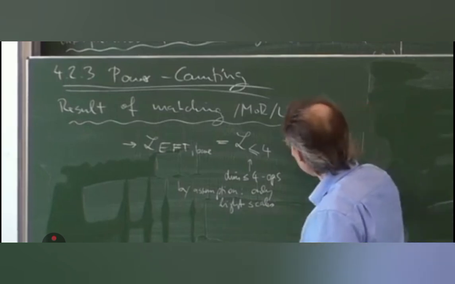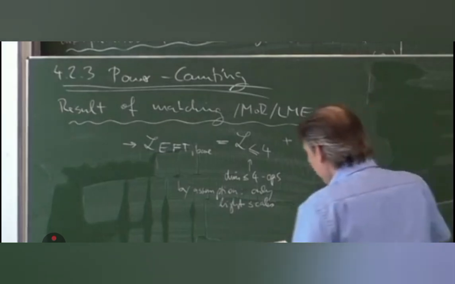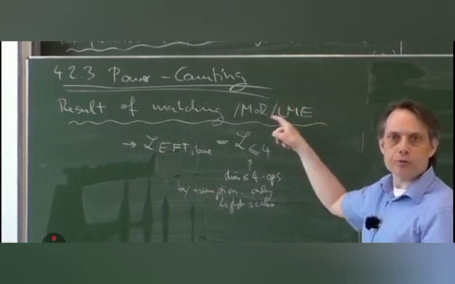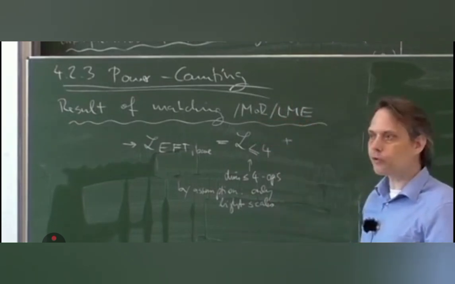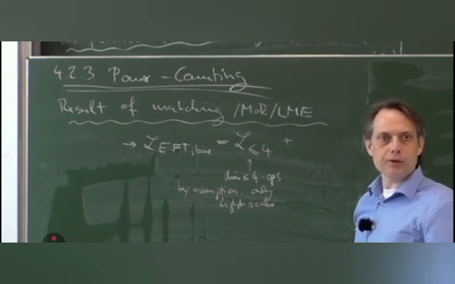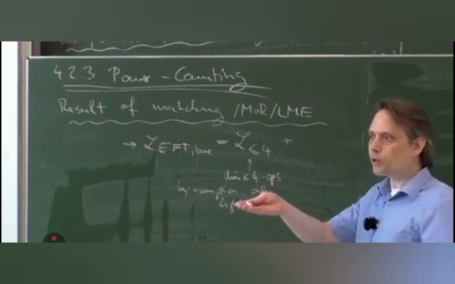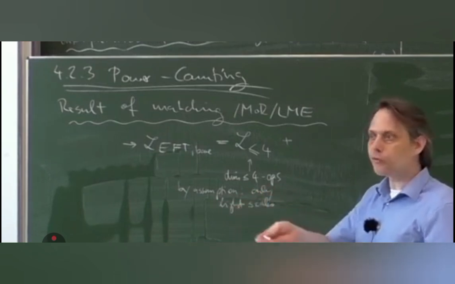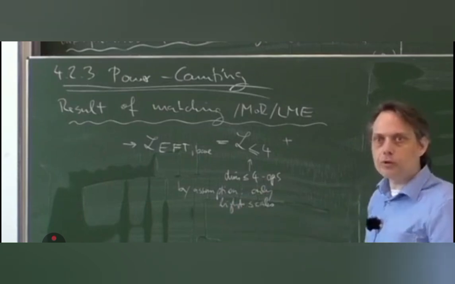But then we obtain all these higher dimensional operators from integrating out the heavy particles, and they provide terms which are suppressed by the heavy masses. So that is the outcome of the analysis using method of regions and large mass expansion. We always get these Taylor expansions of parts of the Feynman diagrams where we get a polynomial of the light scales in the numerator and an appropriate power of the heavy scale in the denominator to make the whole thing dimensionless or have the appropriate dimension.